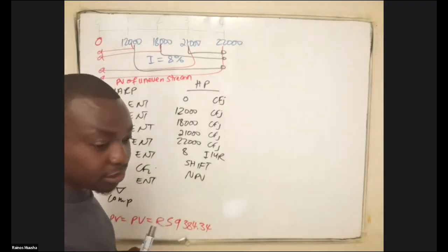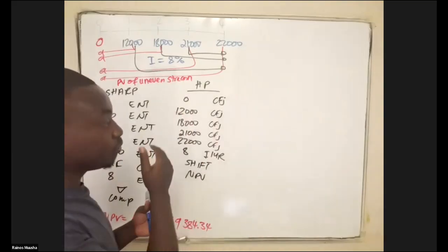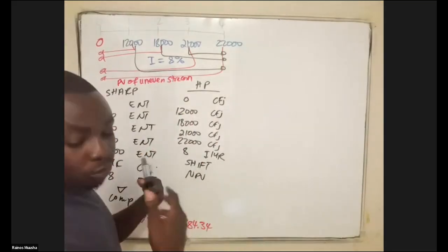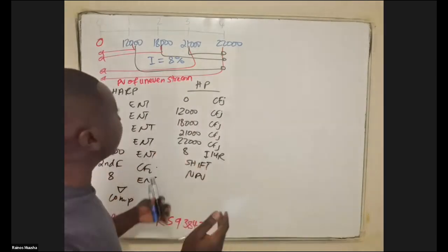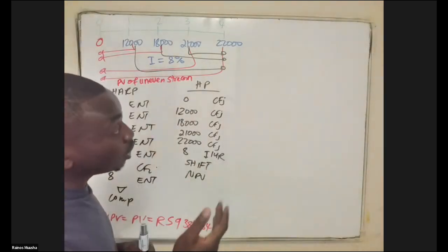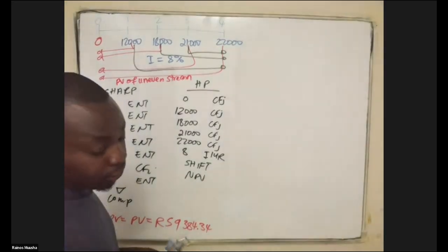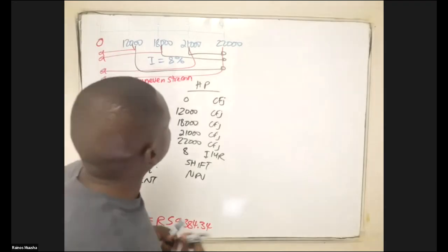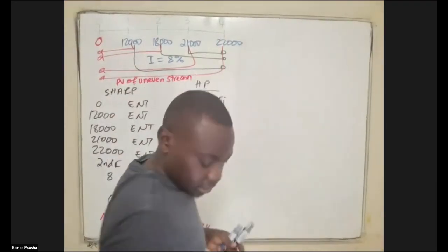And when you're valuing something, we say the value of a security today is the present value of expected future cash flows. So usually when valuing something, we look for the present value. But you can also be asked to find its future value.